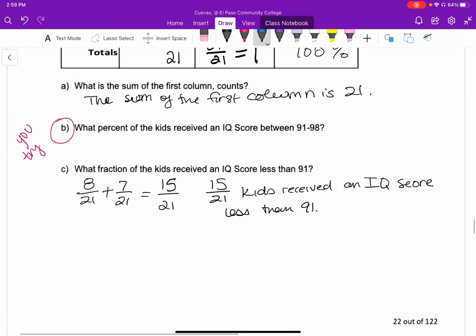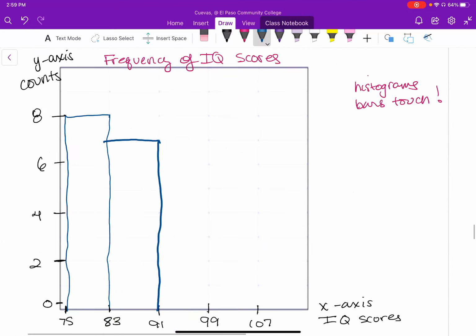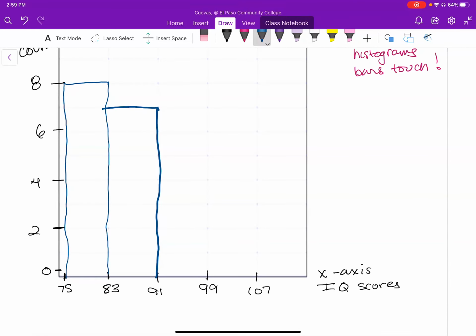The next bar should be from 91 to 98, and the frequency is 3. And the last bar is from 99 to 106, and the frequency is also 3.